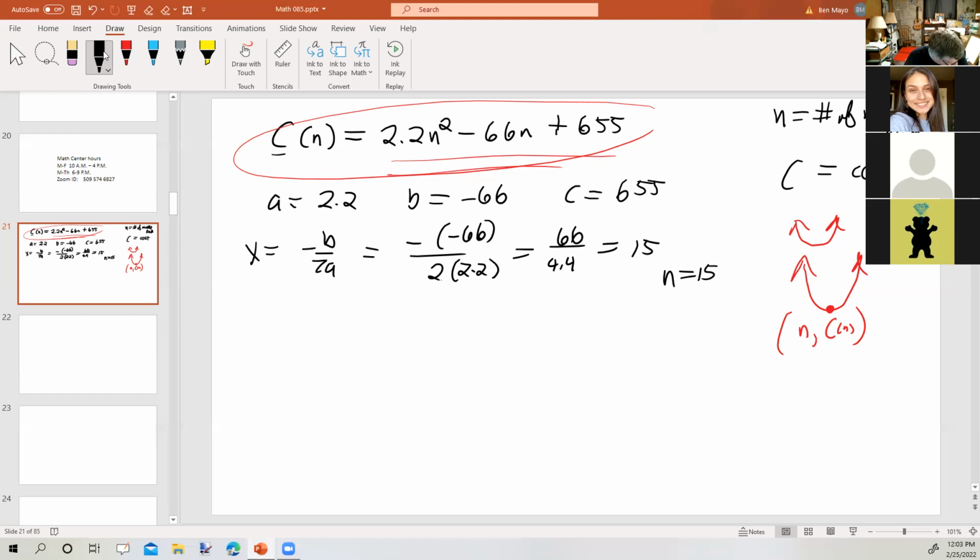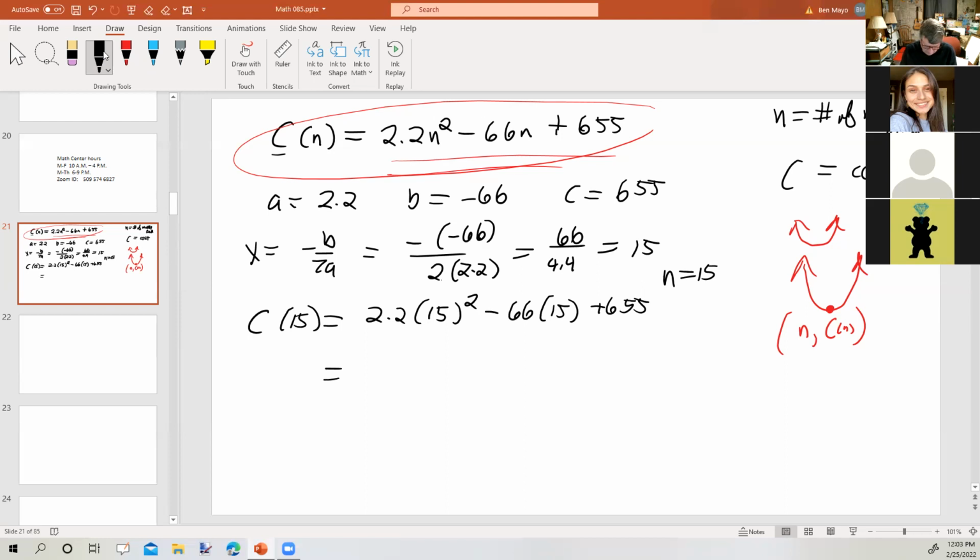How do we find the minimum cost? We find C of 15, which is 2.2 times 15 squared minus 66 times 15 plus 655.